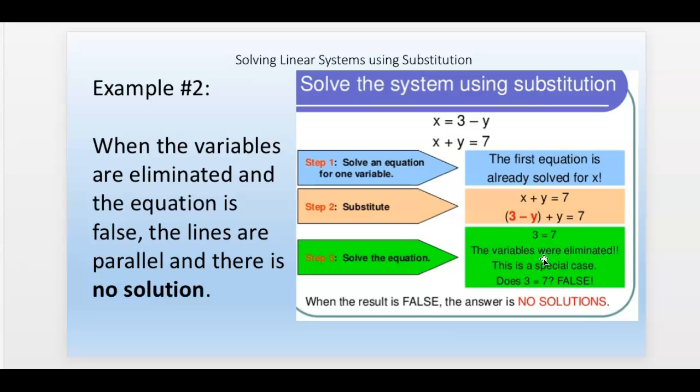What that means is that these 2 lines are parallel. There is no solution. Again, the variable will disappear and you'll get a false statement. That means there are no solutions.